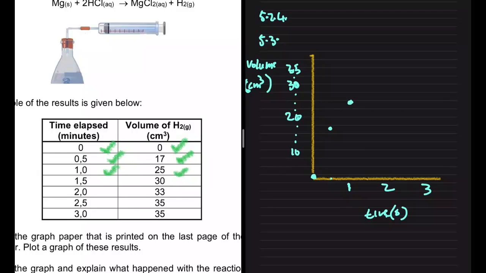So midway between 1 and 2 and 30. So something like that. And then 33 and 2. 35 and 2.5. And again, 3 and 35. So we should have something like that.